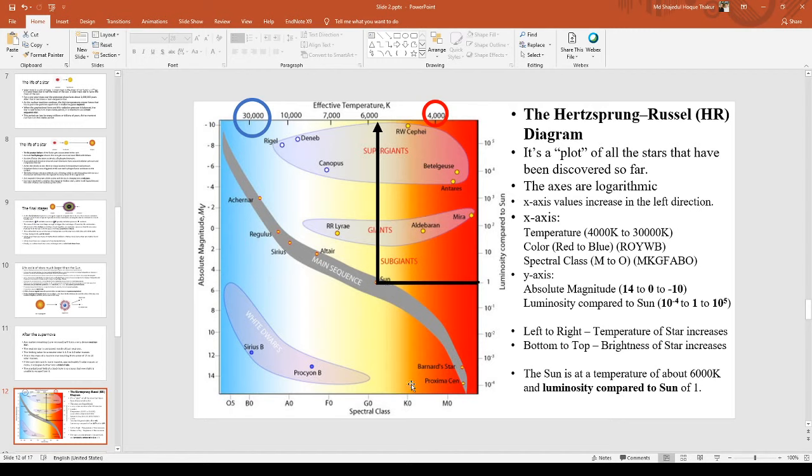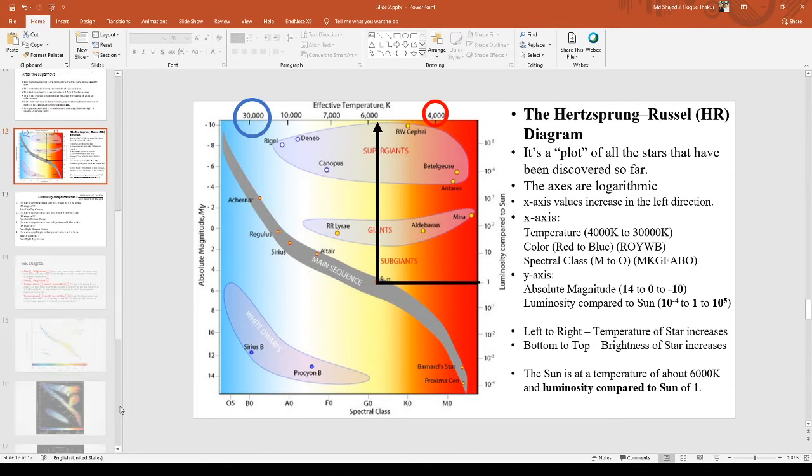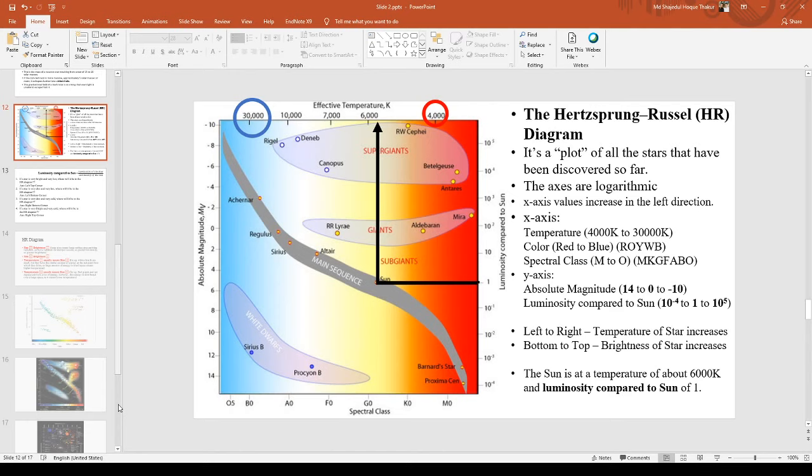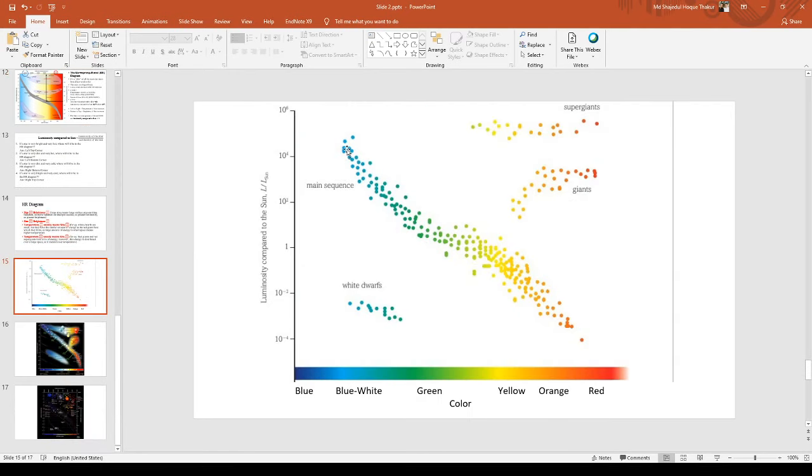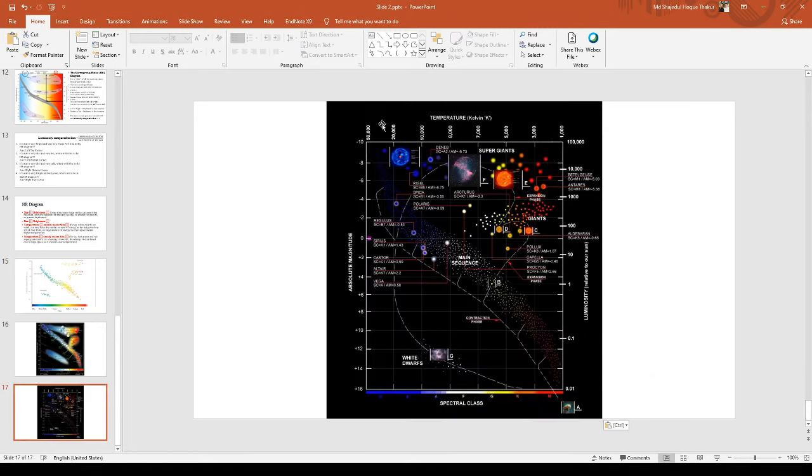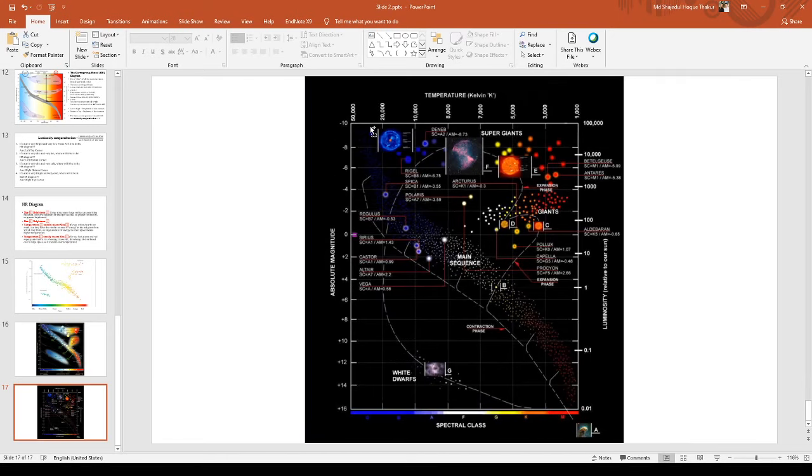The protostars will be here, the supermassive stars will be there, and the sun-like stars will be near the sun. These yellow ones are sun-like stars, these blue ones are massive stars, and these red ones are protostars.